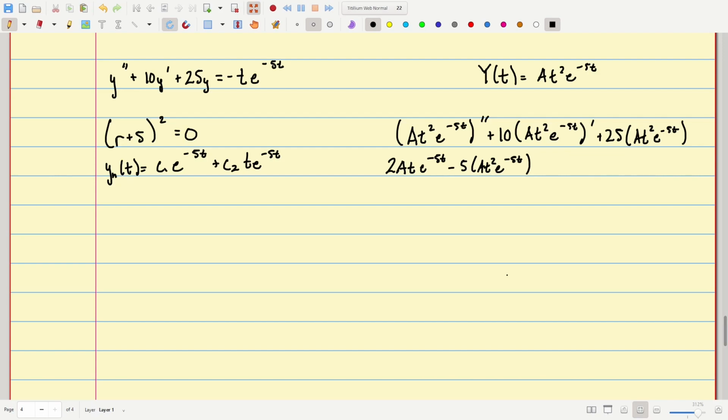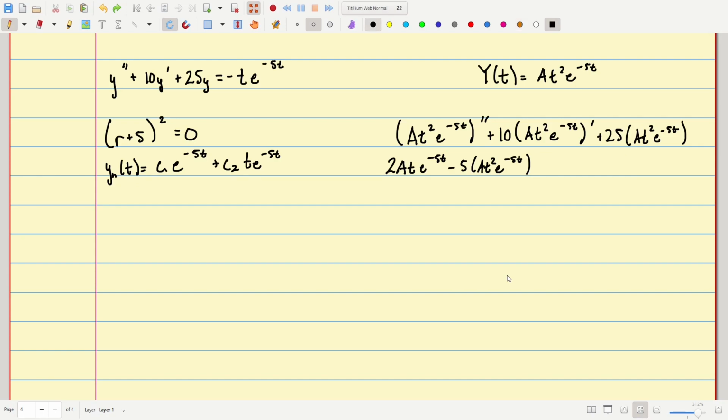Okay, we can see how the computations are going to work out, right? You're going to get the same thing. All of those terms are going to add out serendipitously, and you're just going to be left with stuff that looks like this in order to figure out what the coefficient is. Okay. The point is that our guesses need that extra power of t in order to work. Okay. Make sense? All right.